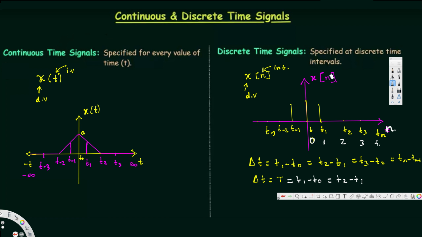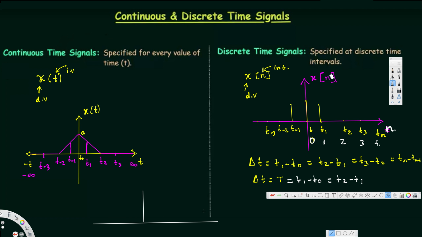Now let's look at a problem. Let's draw a graph. Let's say we have a problem like this, and we want to express the sequence.